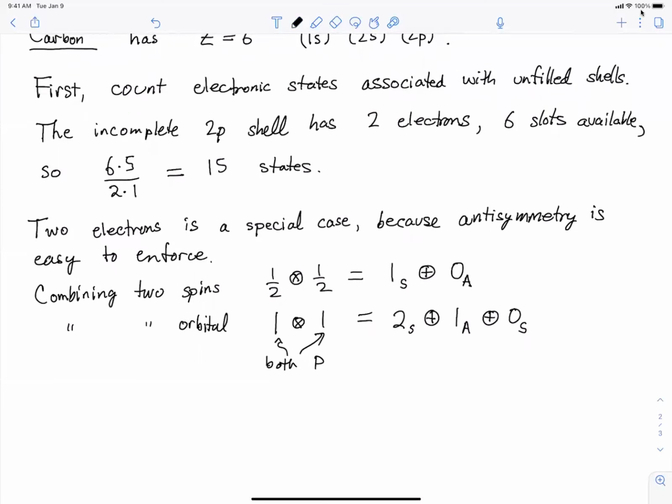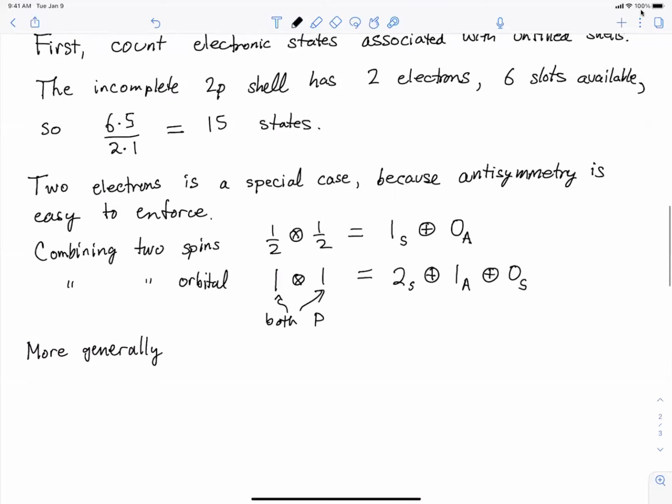Before doing that, let's make a little note here about more generally what we would do. Because who knows, for homework, you might encounter not some p wave electrons, but some d wave electrons, where instead of 1 cross 1 here, you might have 2 cross 2.